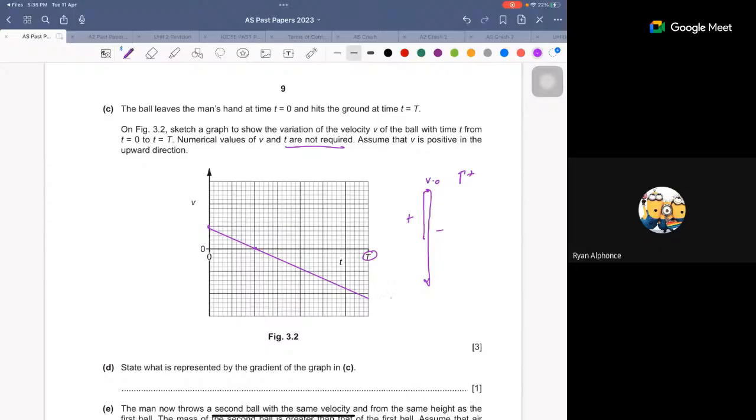Now the reason why I've sketched a straight line here is because the gradient of this line is constant and it is 9.81 in the negative value, because down everything we take negative. The other thing I've done is I've given this more magnitude than this one. The reason is that obviously it would take this much kinetic energy to go up, but then when it goes down, it has lost all the gravitational potential energy till here, which means it will have greater kinetic energy, greater speed. Okay, just to let you know.